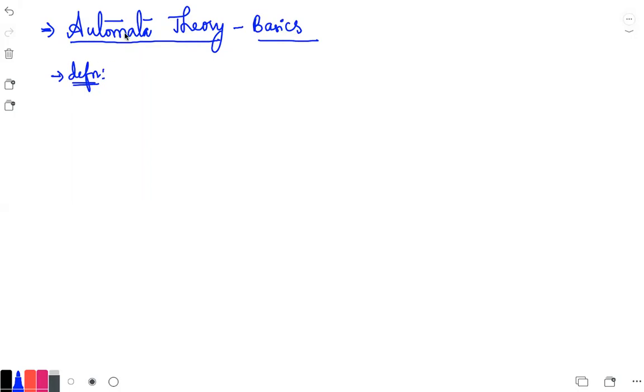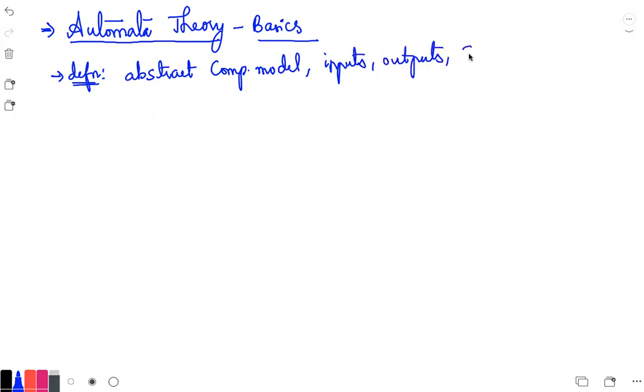So an automata is essentially an abstract computational model. Okay, it's an abstract computational model that mainly deals with inputs, outputs, and states. If at all you need to write the definition of automata, this is the definition of automata.